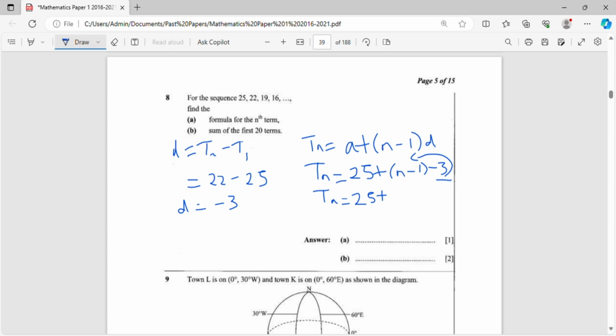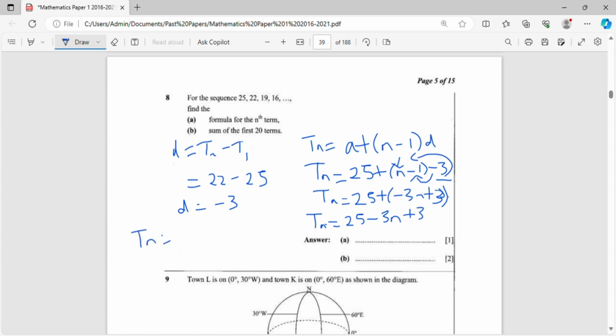So negative 3 multiplied by n will give us negative 3n. And negative 3 multiplied by negative 1, negative multiplied by negative gives us positive. So it will be positive 3. So the formula for the nth term would therefore be equal to 25 minus 3n plus 3. And now we can simplify it further.